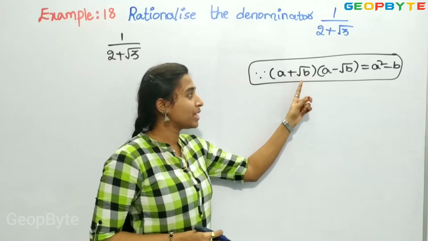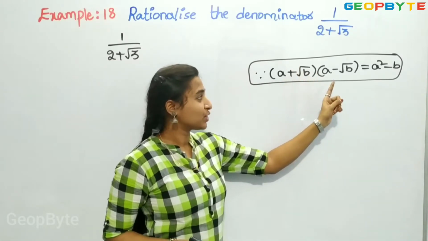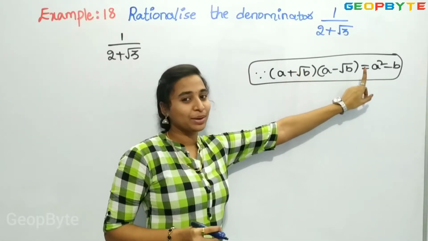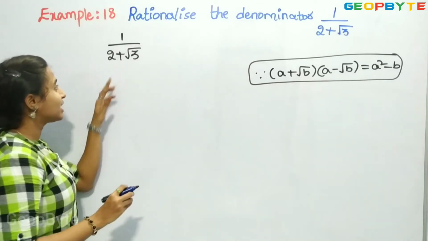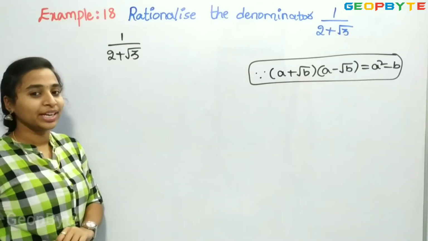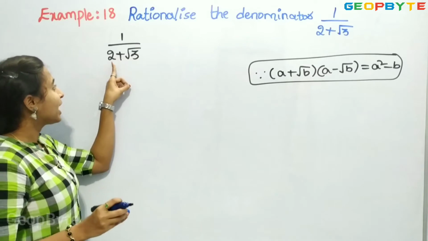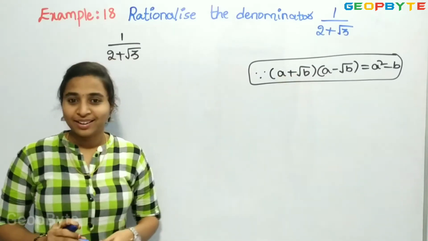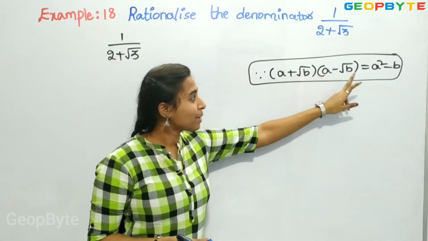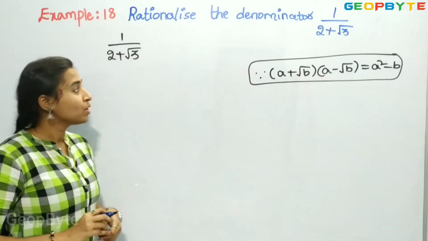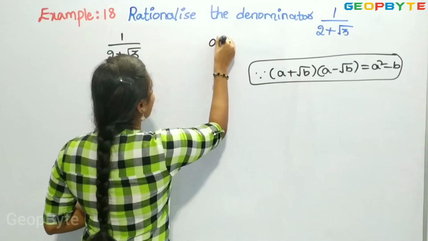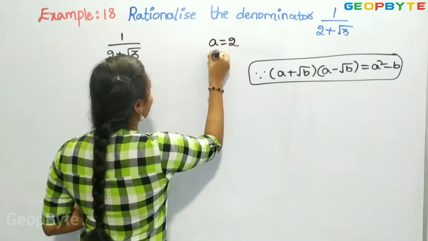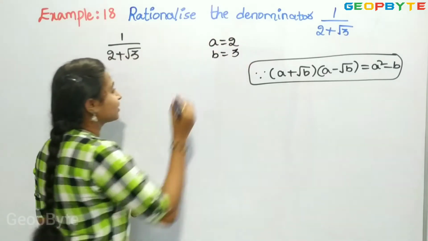Here we have 2 plus root 3. It is in the form of a plus root b. The remaining one is a minus root b. So, here a is equal to 2 and b is equal to 3.